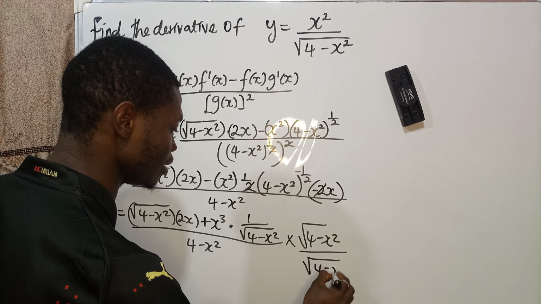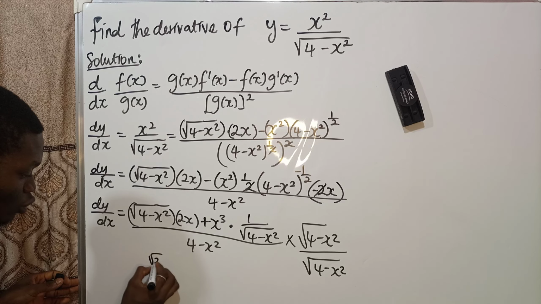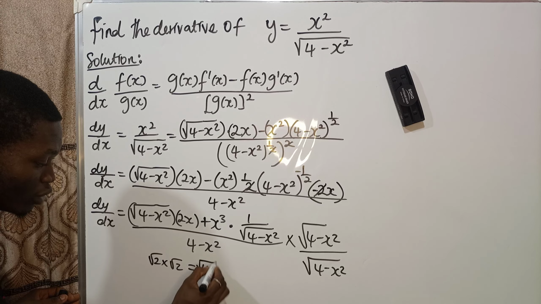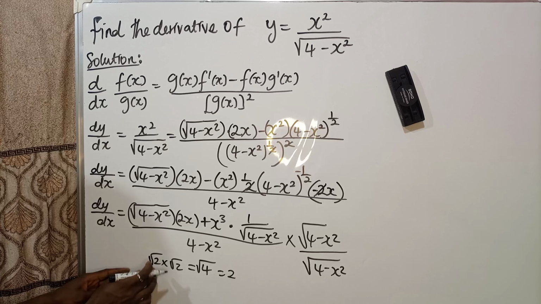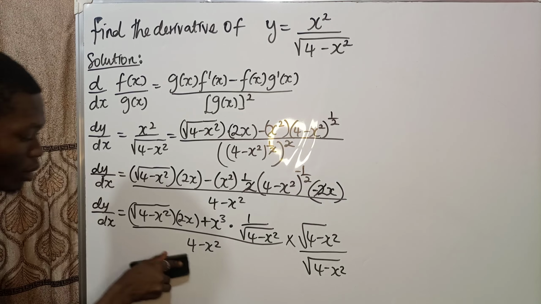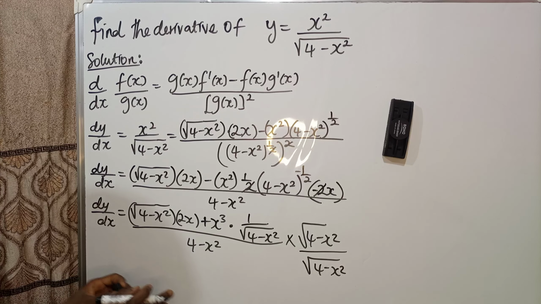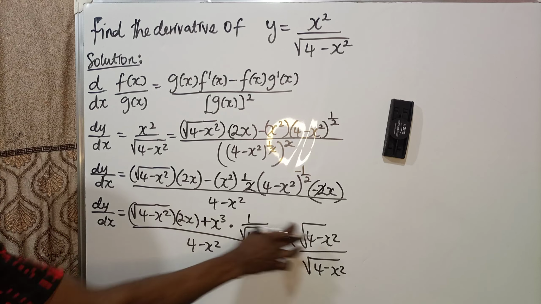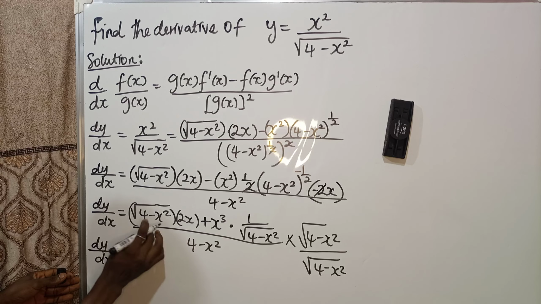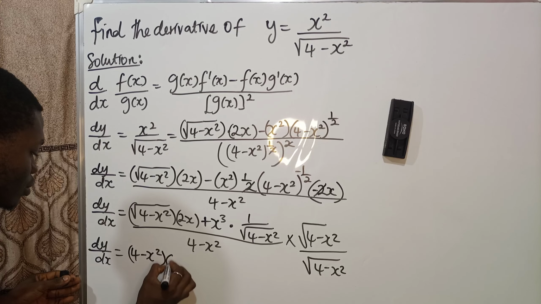When I multiply, remember in surds, the square root of 2 times the square root of 2 is the square root of 4, which is 2. So we use the same thing here, multiplying the numerator and denominator. This times this gives us 4 minus x squared, then times 2x.